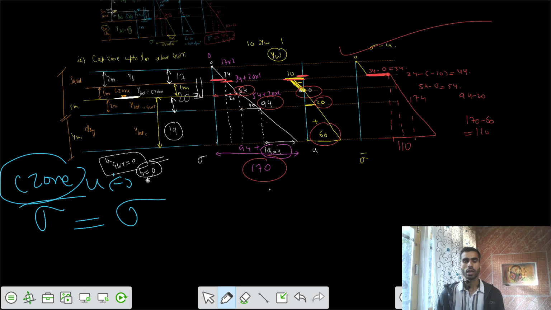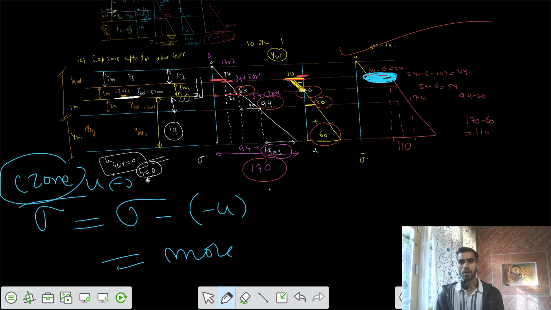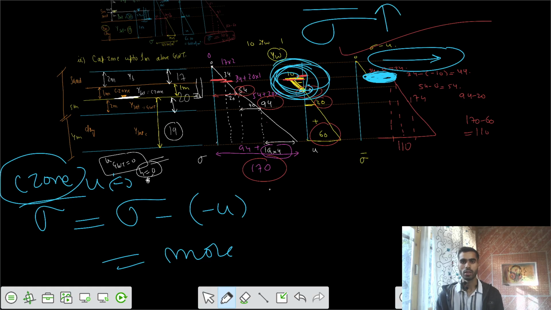If there was no effect of capillarity, your sigma minus u would be less. We can see in the diagram that there is an increase of effective stress at the same location where your capillary zone effect is there. Because pore water pressure is negative, effective stress increases.